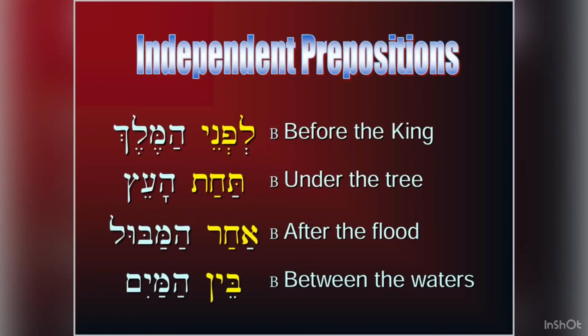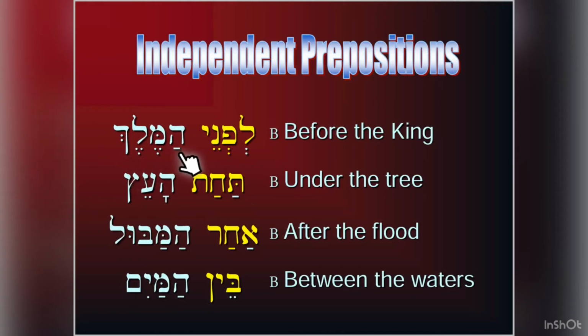The independent prepositions are standalone prepositions, just like any other independent word or vocabulary that we read in our vocabulary list. For example, lefne. Lefne is an independent preposition. The meaning of the word lefne is before. Now if you look at this example, the next word is melek.